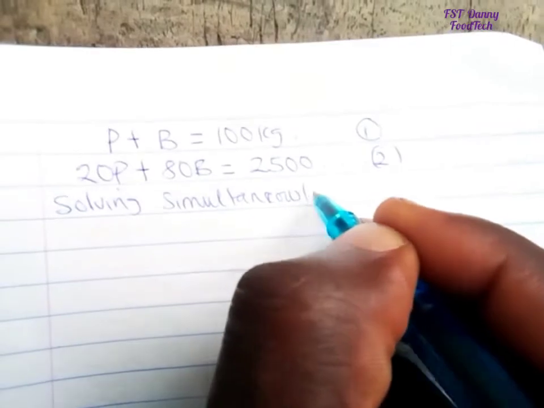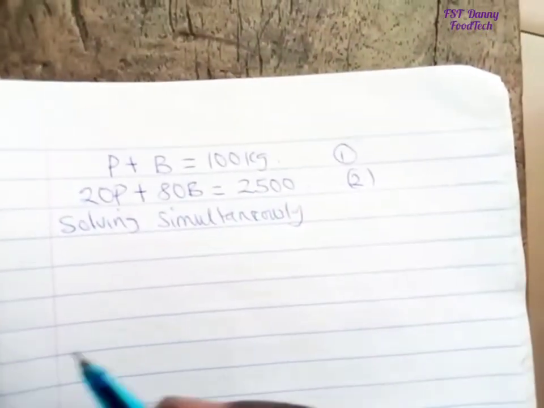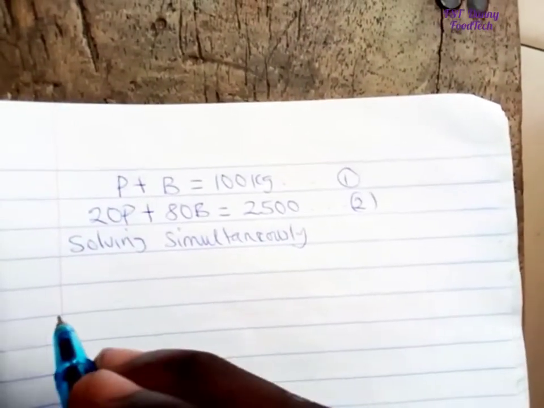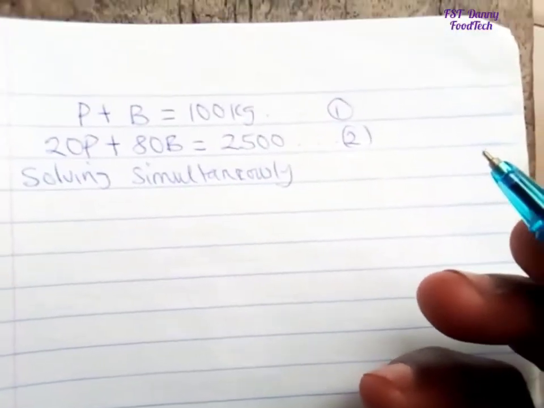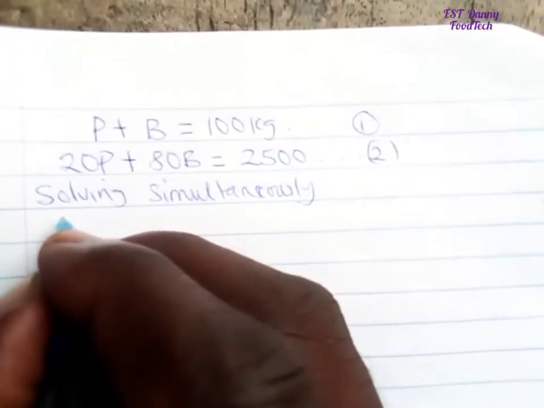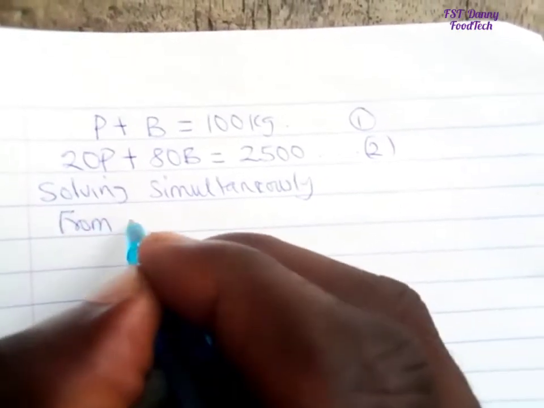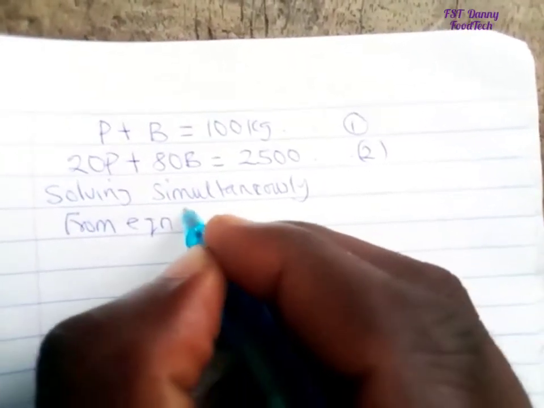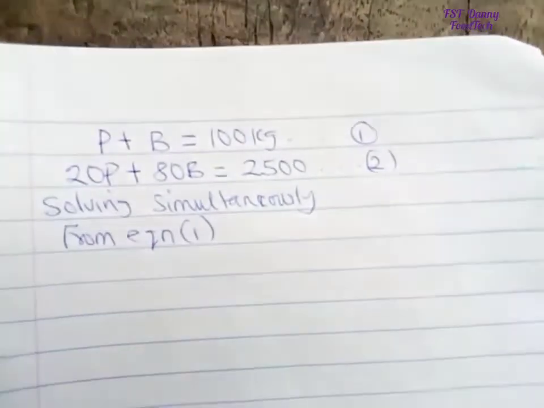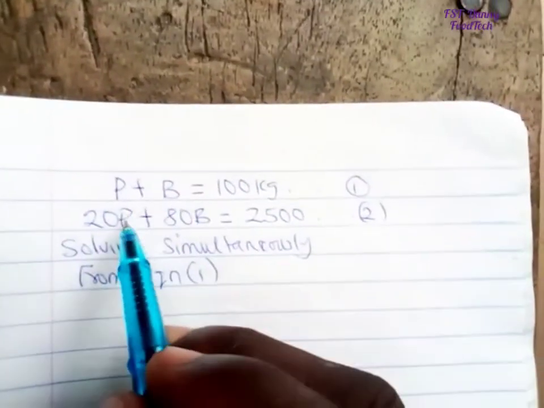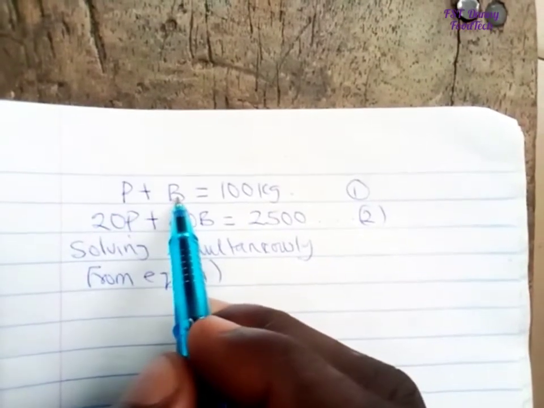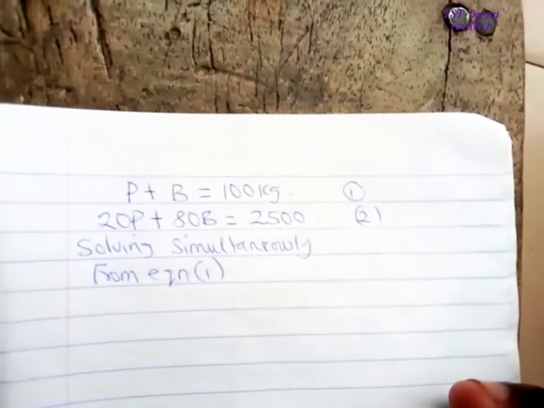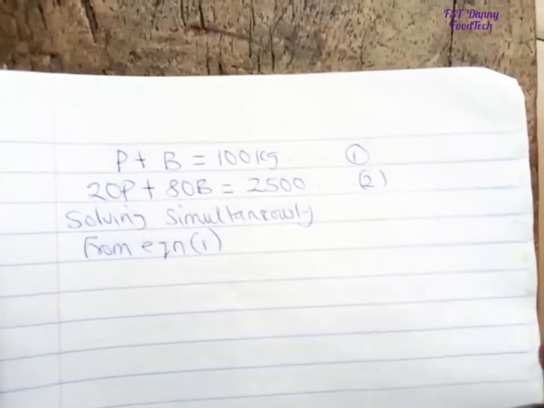From the principles of simultaneous equations, from equation 1 or equation 2, any one, you make one of these parameters, either the pork or the back fat, the subject of the formula. In this case, we are using equation 1.